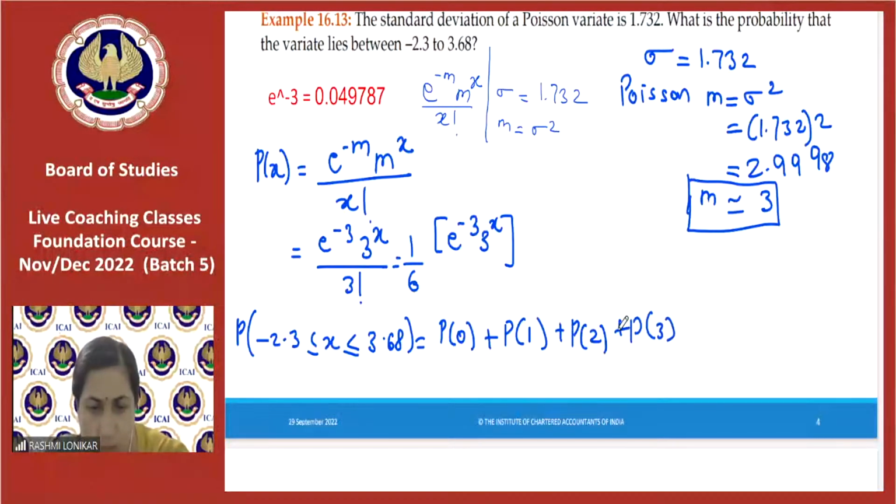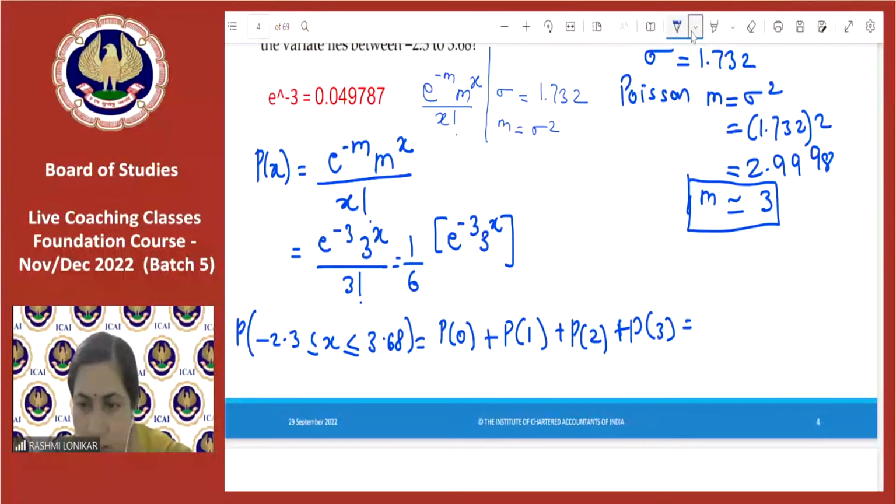Then this is the normal substitution and you can solve the sum. The two main points you should remember here are that m is equal to sigma square, and that from minus 2.3 there will be nothing but values from 0. So you will have P of 0 plus P of 1 plus P of 2 plus P of 3, and then you substitute.